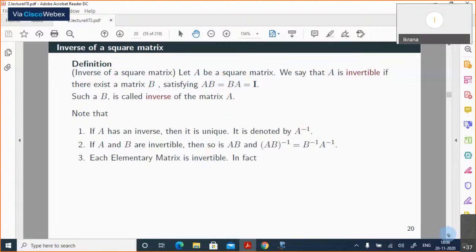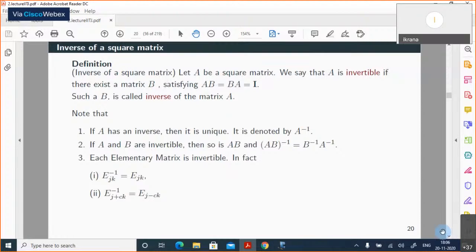Similarly for the others: if you are adding, you can subtract; interchange, you can again interchange and go back. Because elementary matrices are obtained from the identity matrix by doing something, and all these operations are reversible, that basically tells you that they are invertible.